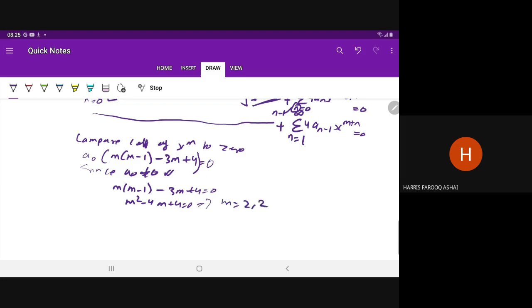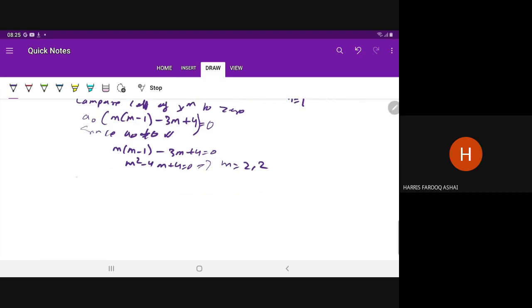So either you compute the indicial equation by this method or by the previous method, it's up to you. Now compare the coefficient of x to the power m plus n to 0.